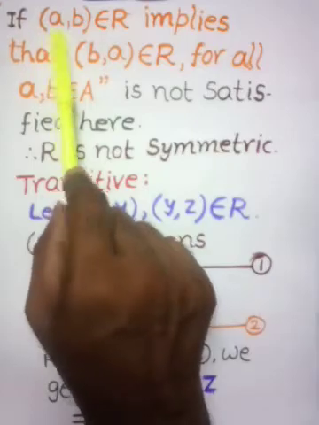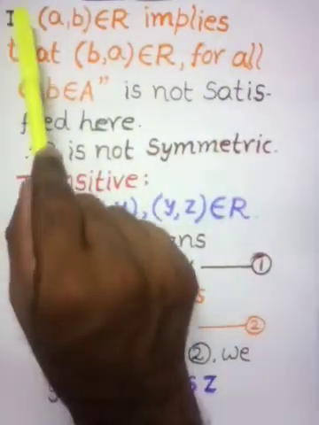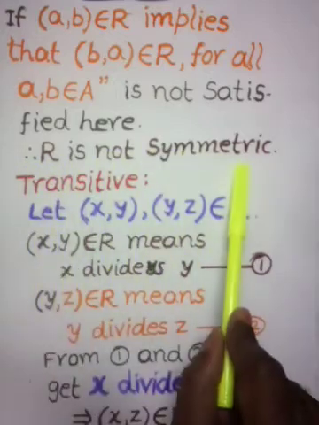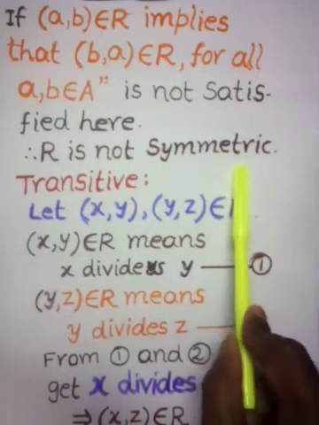This condition is not satisfied here. Therefore, we can say that R is not symmetric. Understood?